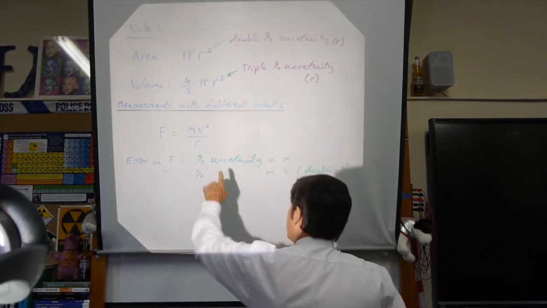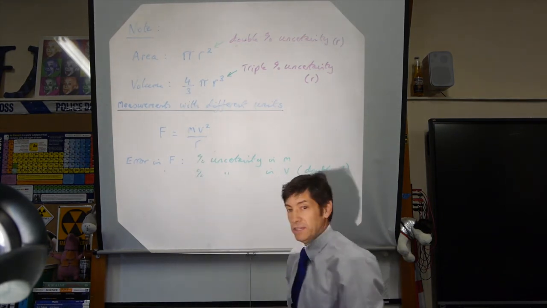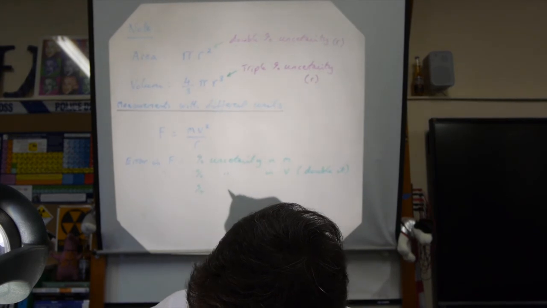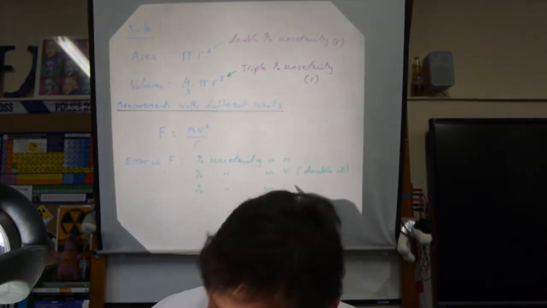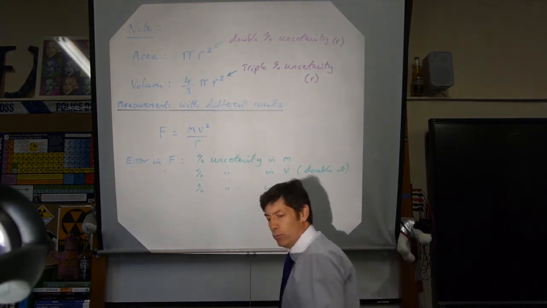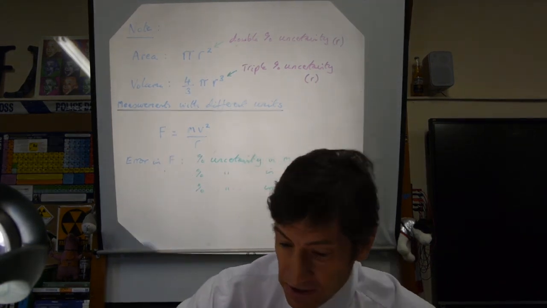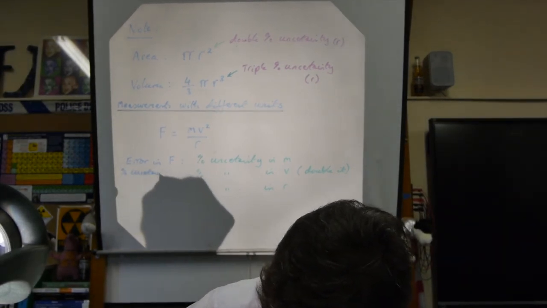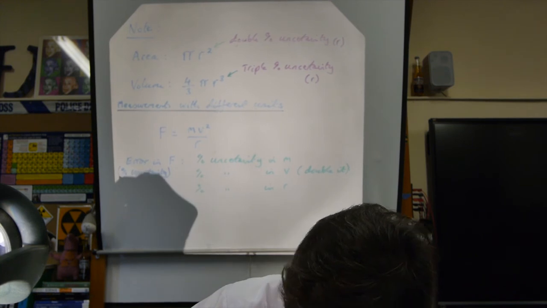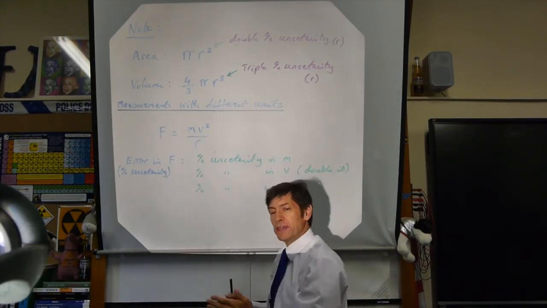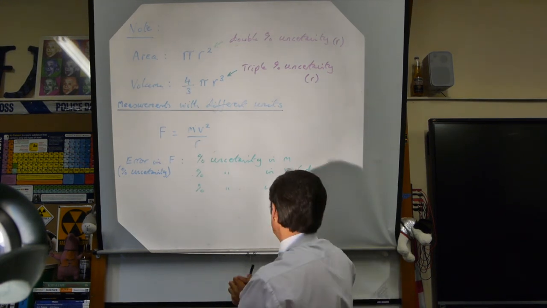And even though it's divided by the radius, you still work out the percentage uncertainty in R, to work out the error, or more correctly, the percentage uncertainty in F, in other words, how much either side of the mean value it could be.